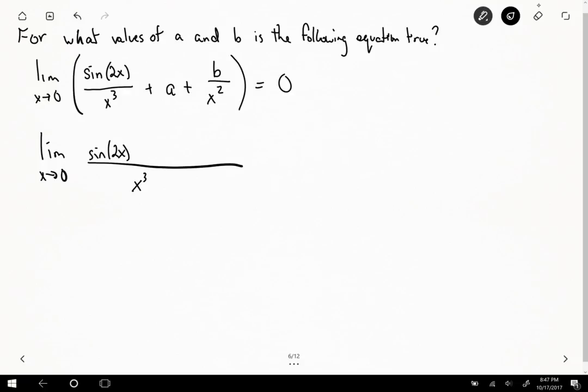If you want to make a over x squared into something over x cubed, notice if we put an x cubed down below, we need an x cubed up above, so that means we need an ax cubed here. Well, x squared times x gives us x cubed, so we need to multiply both the denominator and numerator by x in that last term, so plus b times x. And we want to make this equal to 0.